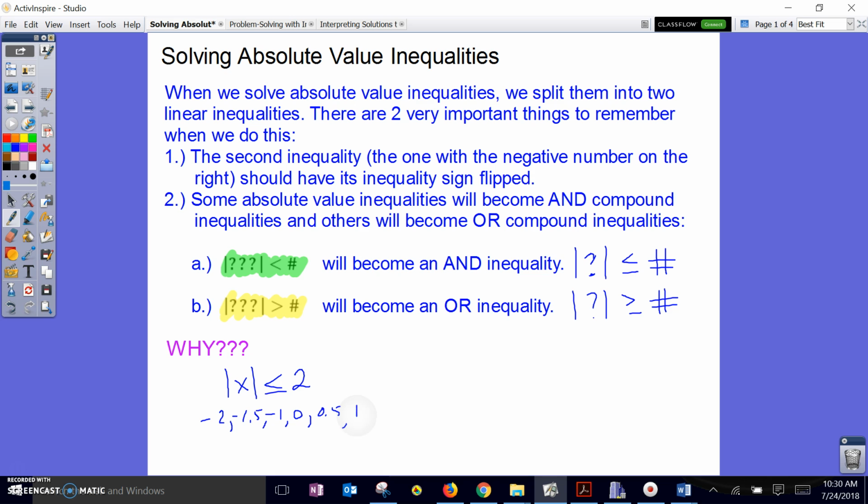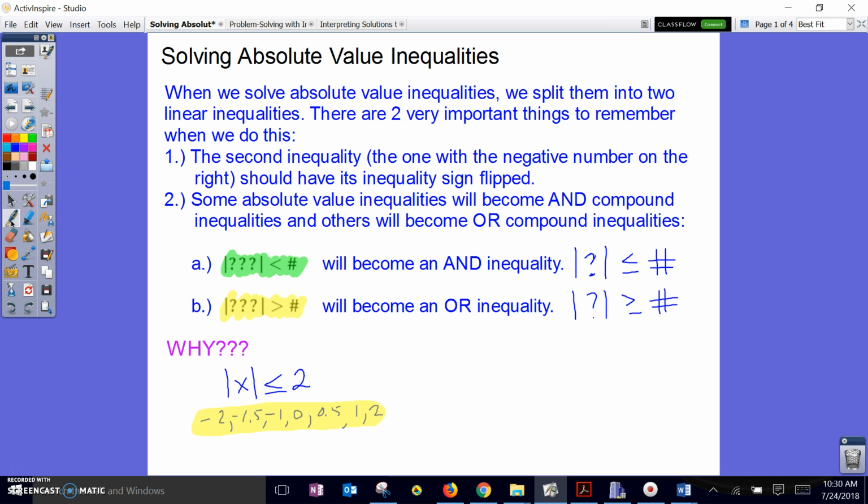I'm just listing off a bunch of numbers that make that true. But all of those numbers fall in between two values, negative 2 and positive 2. And when we have numbers that fall in between two values in a compound inequality, we're looking at an AND inequality. And so that's what we're looking at in this case.